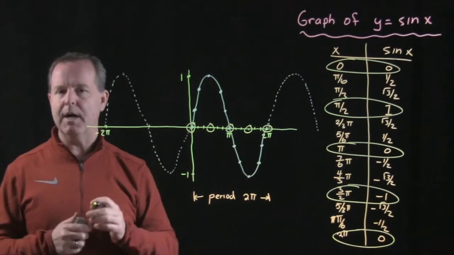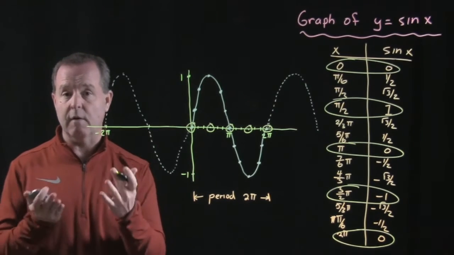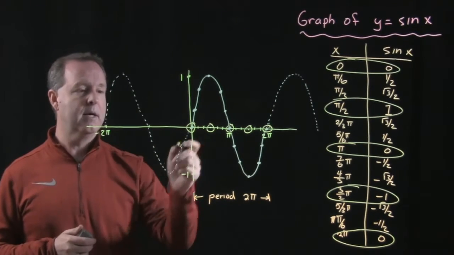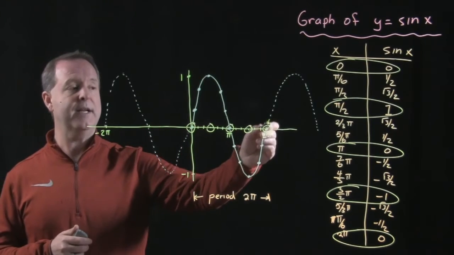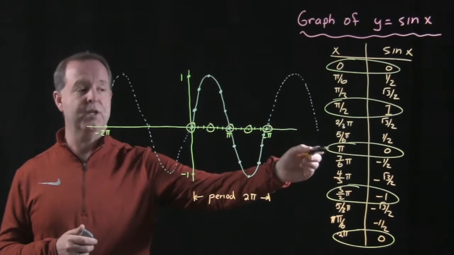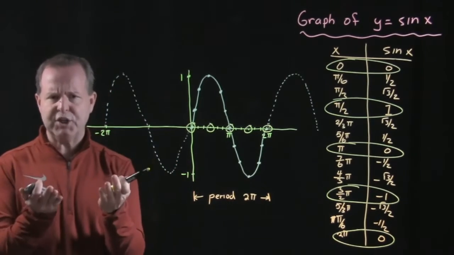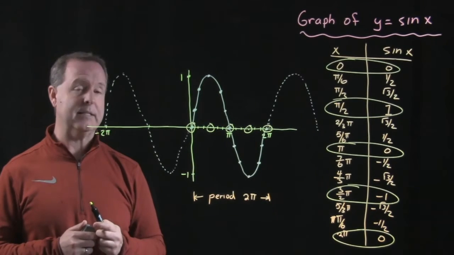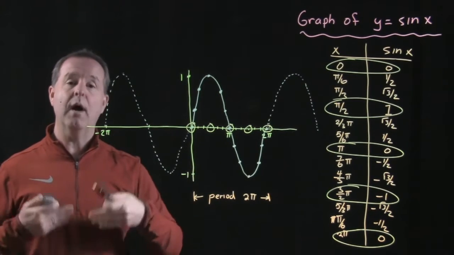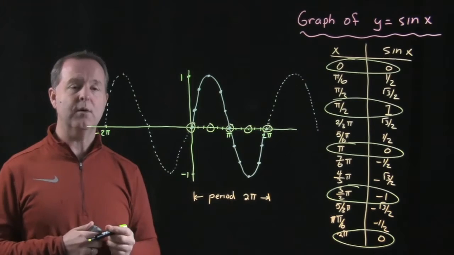And you can add as much or as little as you feel is necessary to solve the problems you're trying to solve. But I noticed that what I did is I did the first period in a solid, and I just dashed a continuation on in both directions just to let you know that the graph will continue on in both directions to negative infinity and positive infinity, which will help remind us then what is its domain.